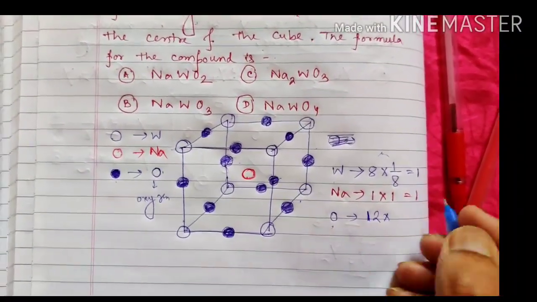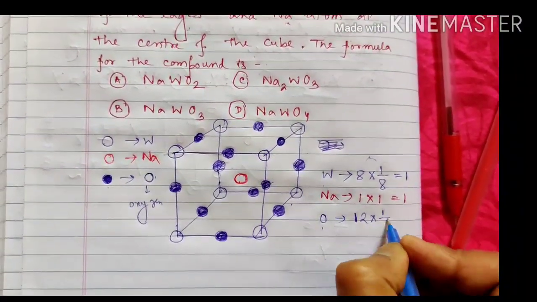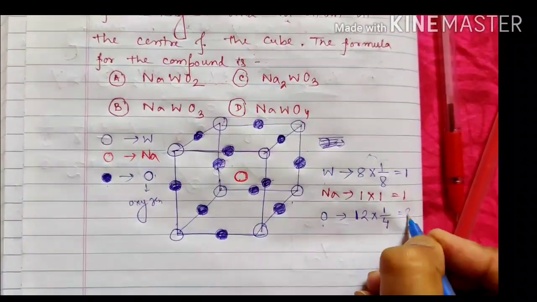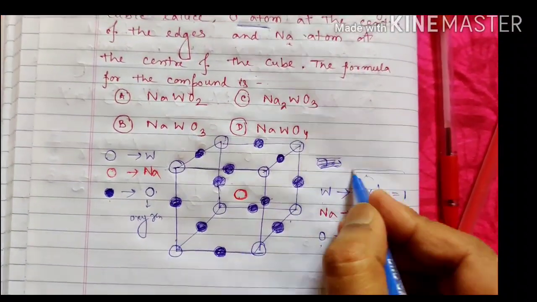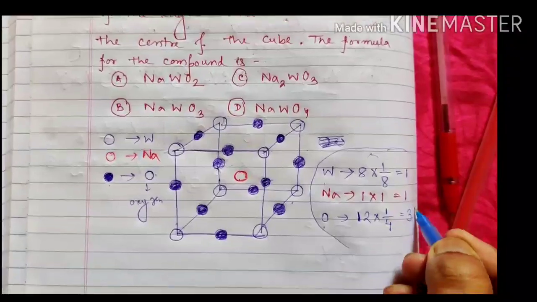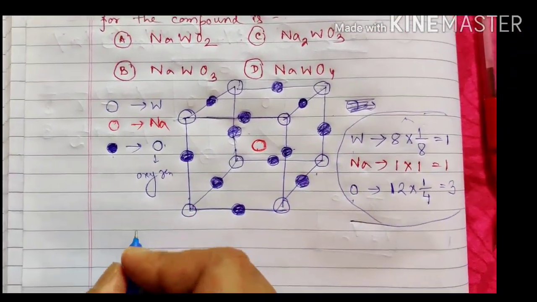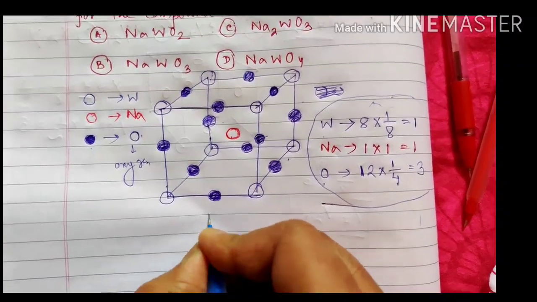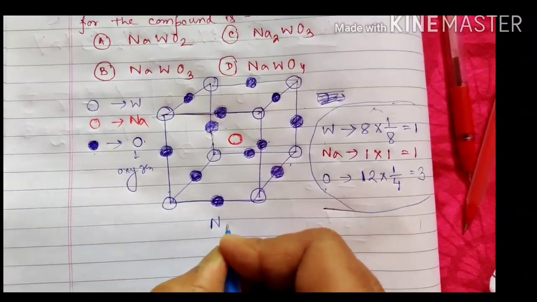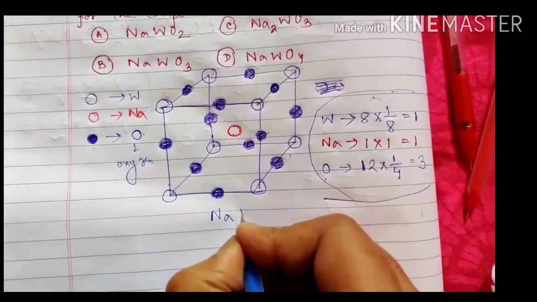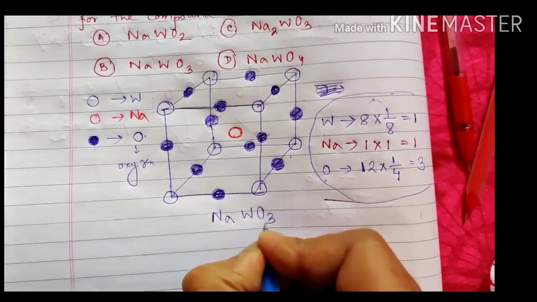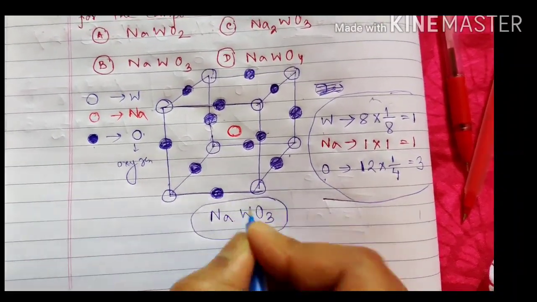So its contribution within the unit cell should be 1 by 4. So it is 3. So this is how the contribution will look like. See it carefully. So its formula should be NaWO3. This should be the formula.